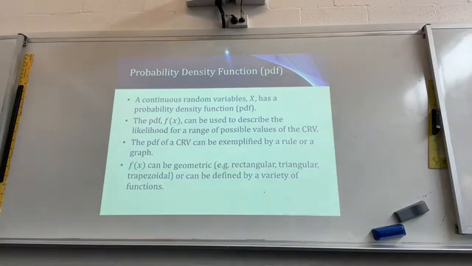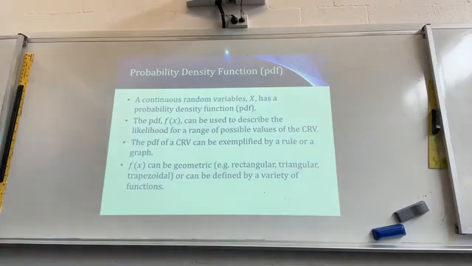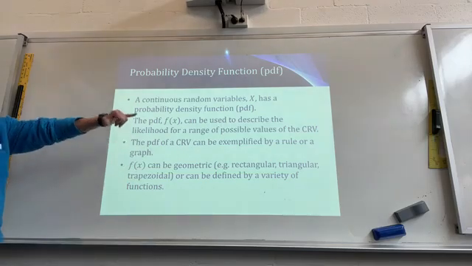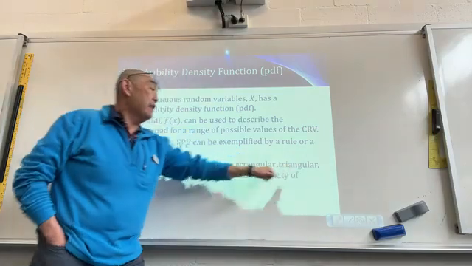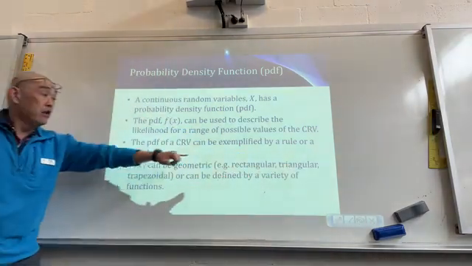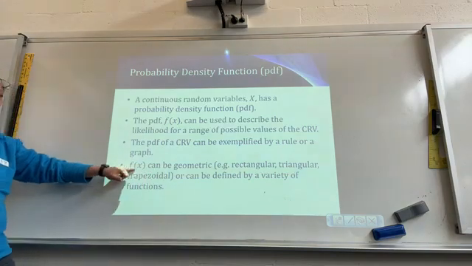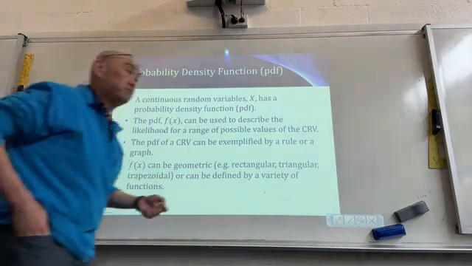Today I'm going to concentrate more on the graph rather than the rule. Tomorrow we'll do a little bit more on the rule. f(x) can be geometric, for example rectangular, triangular, and trapezoidal. Today I'm going to talk about rectangular and triangular, and trapezoidal is the same idea as well. All can be defined by a variety of functions.